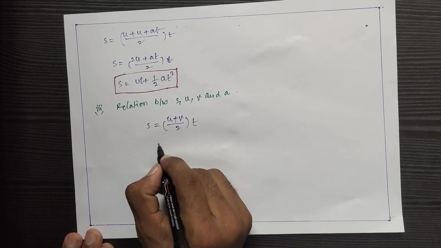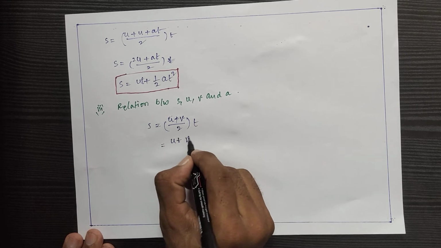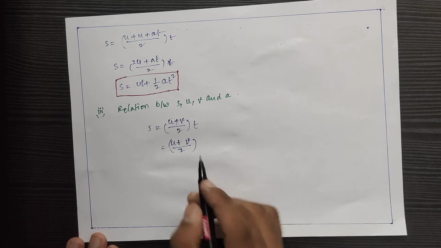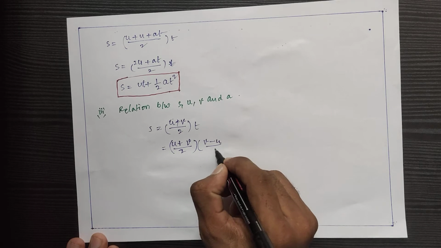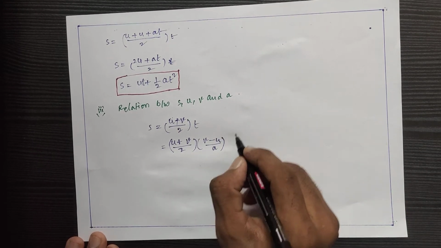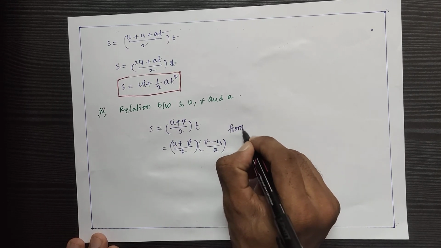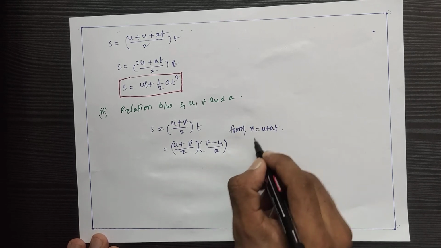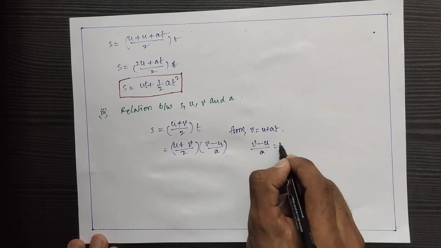From this we can write u plus v by 2 into v minus u by a. From the first equation, v equal to u plus at, we get time t as v minus u by a.